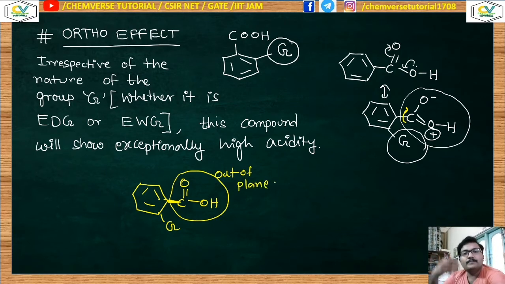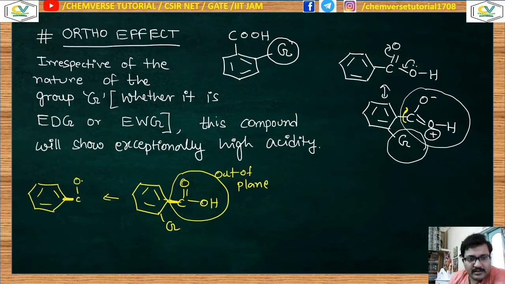This group moving out of plane means the CO2H group is no longer available for accepting electron density via resonance from the benzene ring. The benzene ring cannot donate its electron density via resonance to the CO2H. So when this kind of system is generated, where O minus and OH plus are present and some group G is over here, this group is now out of plane.